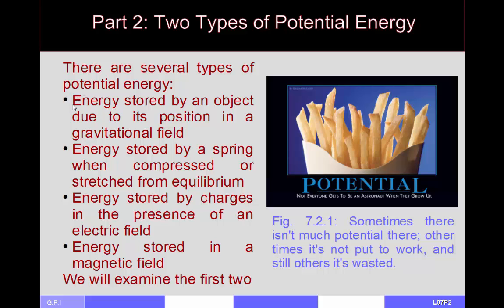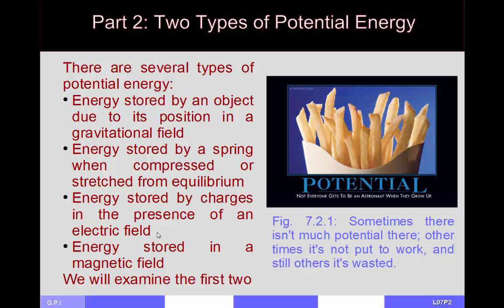So as far as this semester goes, the two types of potential energy that we're more interested in are going to be energy that's stored by an object due to its position in a gravitational field, and energy that's stored by a spring when it's either compressed or stretched away from equilibrium. You could think of this maybe as elastic potential energy. It could also be applied, for example, to a stretched rubber band.